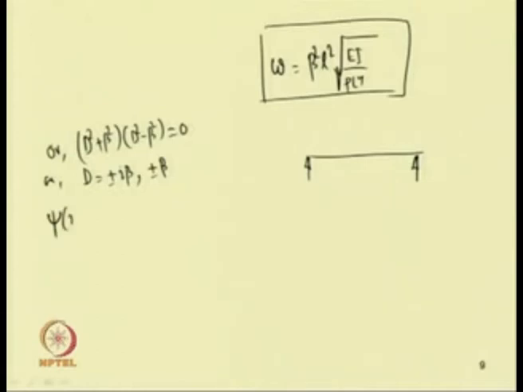So the general solution for psi x can be written. When it is plus minus i beta, the solution will be harmonic, and when it is plus minus beta, the solution will be hyperbolic.